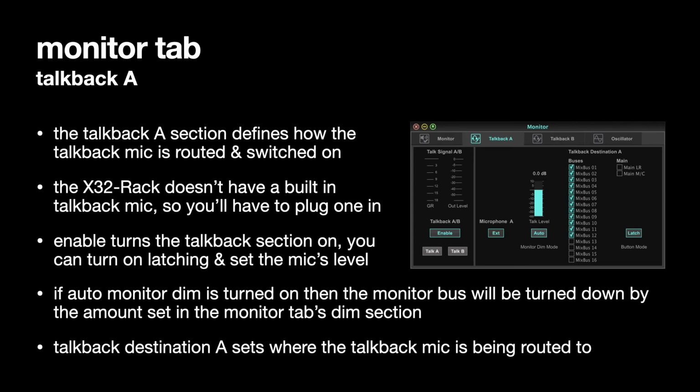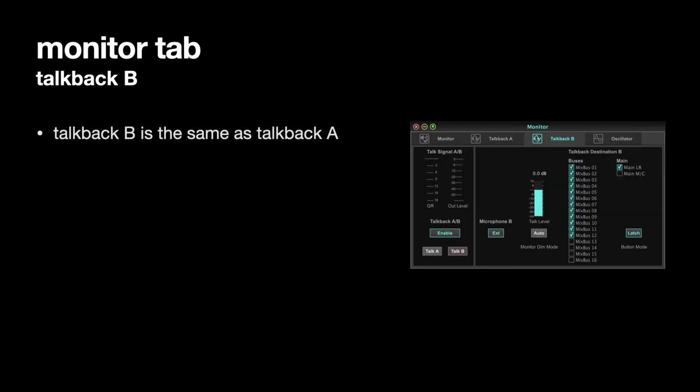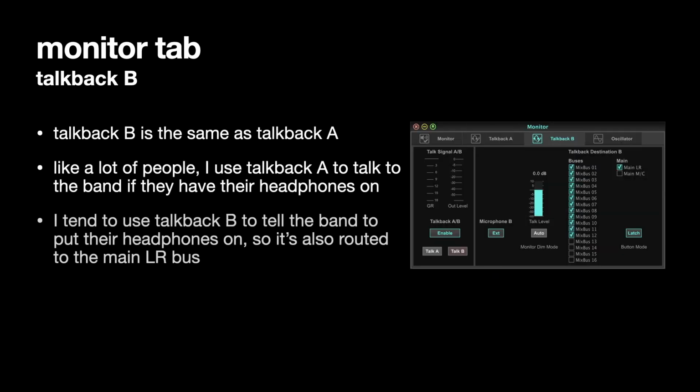Talkback A destination sets where the talkback mic is being routed to. Like a lot of mix engineers, I use Talkback A to talk to the band if they have their headphones on, and I use Talkback B to tell the band to put their headphones on, so it's also routed to the main left-right bus. That's the main difference between the two talkbacks.